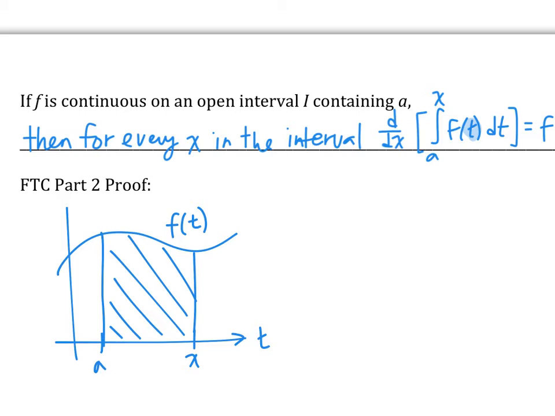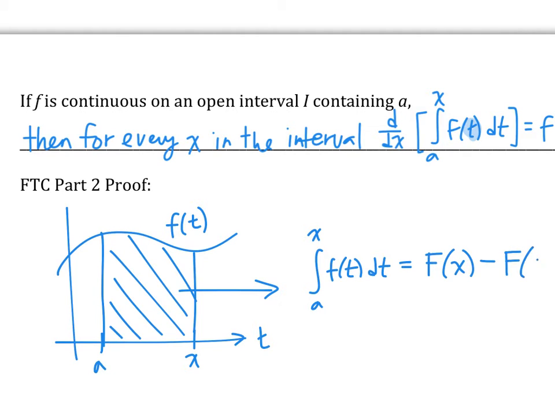Once we find that area, remember FTC part 1? The integral from a to x of f of t dt is equal to big F of x minus big F of a.